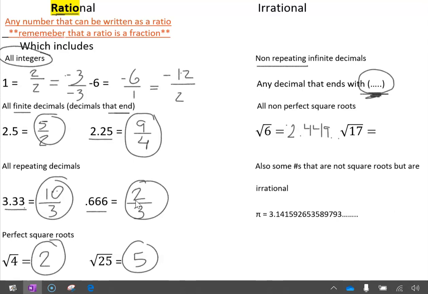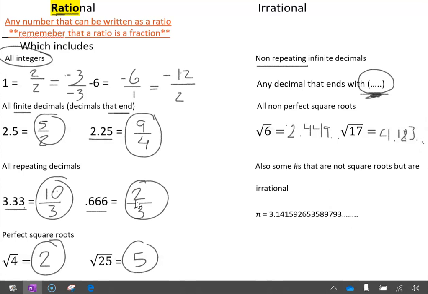Okay, same thing, square root of 17. It is not a perfect square because we know the perfect square before it is the square root of 16. The perfect square after is the square root of 25. Therefore, we know this is not going to be a perfect square, and this one is 4.123 blah, blah, blah, dot, dot, dot.